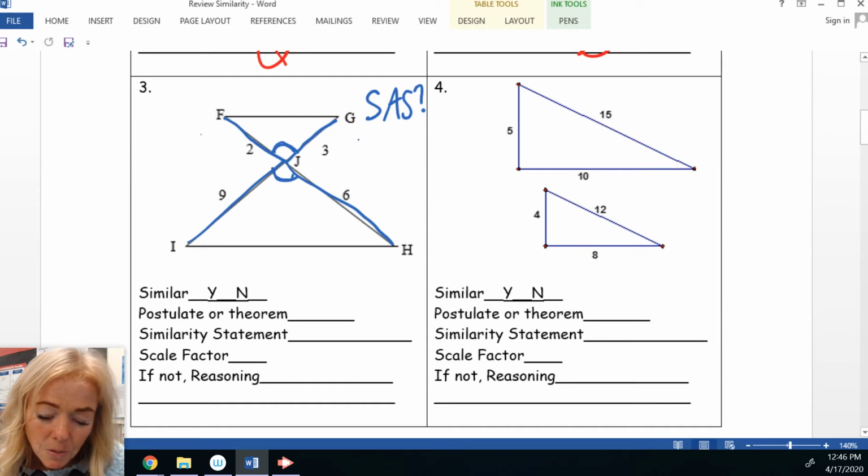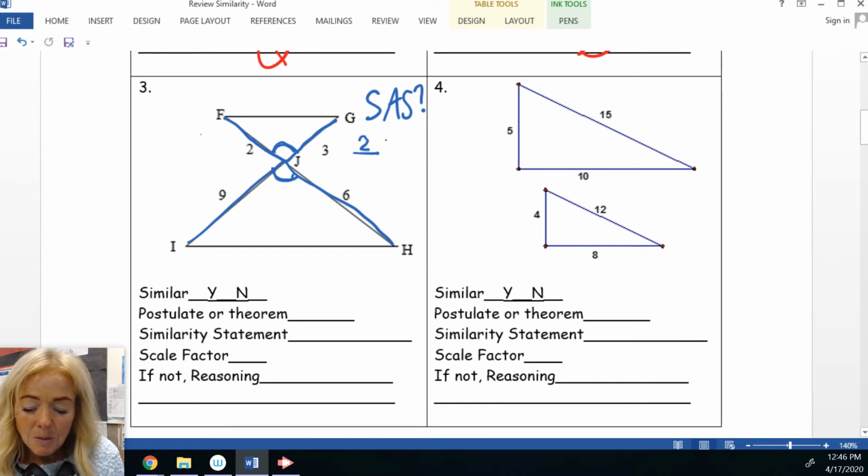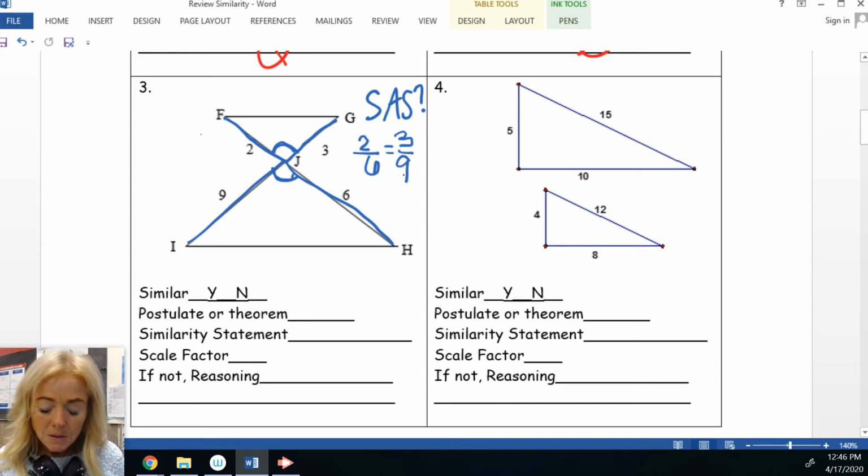So we would take 2, which is this side, and its corresponding side that we know is going to be 6, because 2 is smaller and 6 is smaller, and that's how we know 2 lines up with 6. And we need to determine if that is equal to, our other side is 3, and the other side is 9. So these have been reflected, basically, the sides.